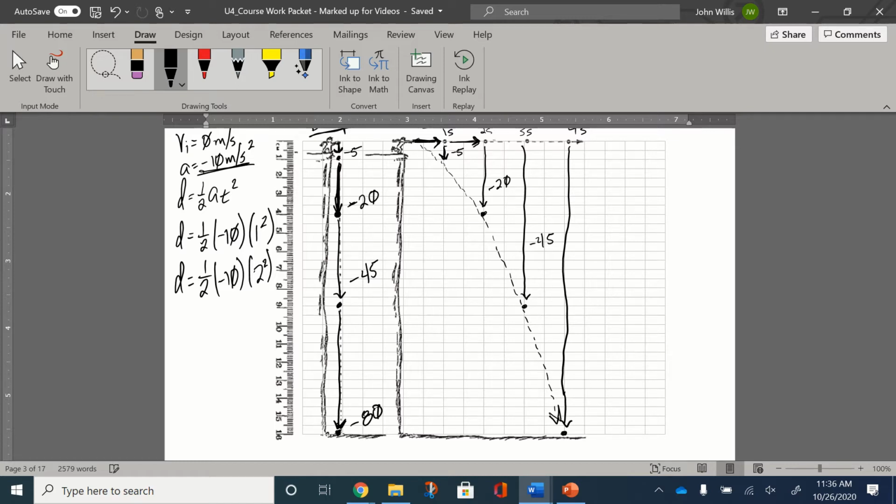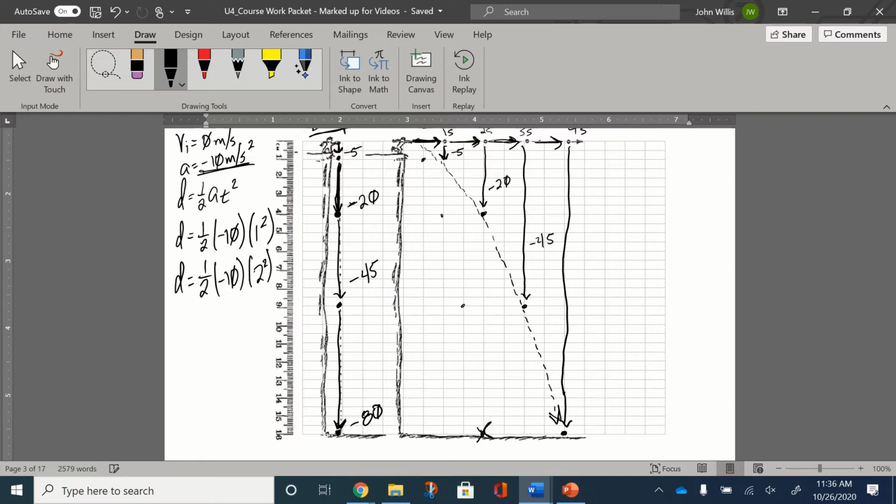But notice the only vector that ever changes, the only acceleration occurs in the vertical direction. The horizontal direction doesn't change. Had we thrown this at half the speed, then it would have hit 5 meters vertically right there. It would have hit 20 vertically right there. It would have hit 45 here, and it would have hit 80 all the way down to here and traveled half the distance.